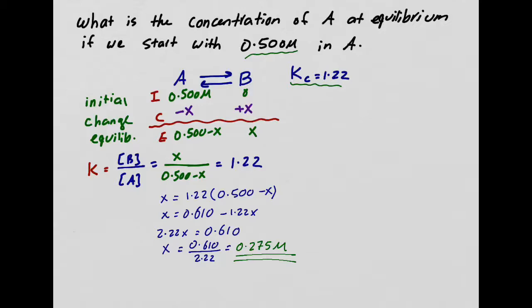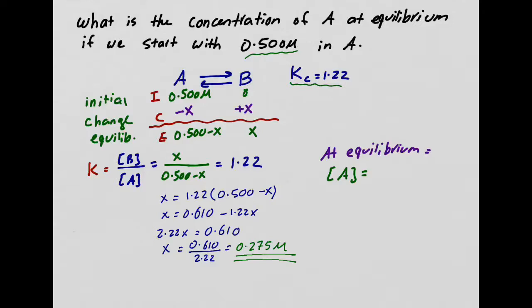Now, if I get x, I said, what is the concentration of A at equilibrium if we start with that? So we did the math. Now at equilibrium, the concentration of A is going to be what? Remember, at equilibrium it is 0.500 minus x, right? And I just have my x.